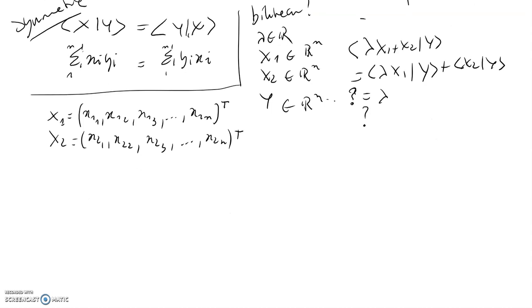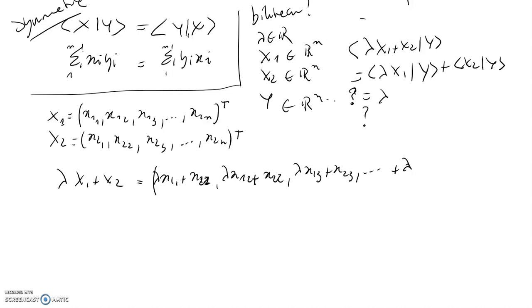All right, so now if I take lambda x1 plus x2, this is going to be the item from Rn that has lambda x11 plus x21, lambda x12 plus x22, lambda x13 plus x23, etc. The last component would be lambda x1n plus x2n.